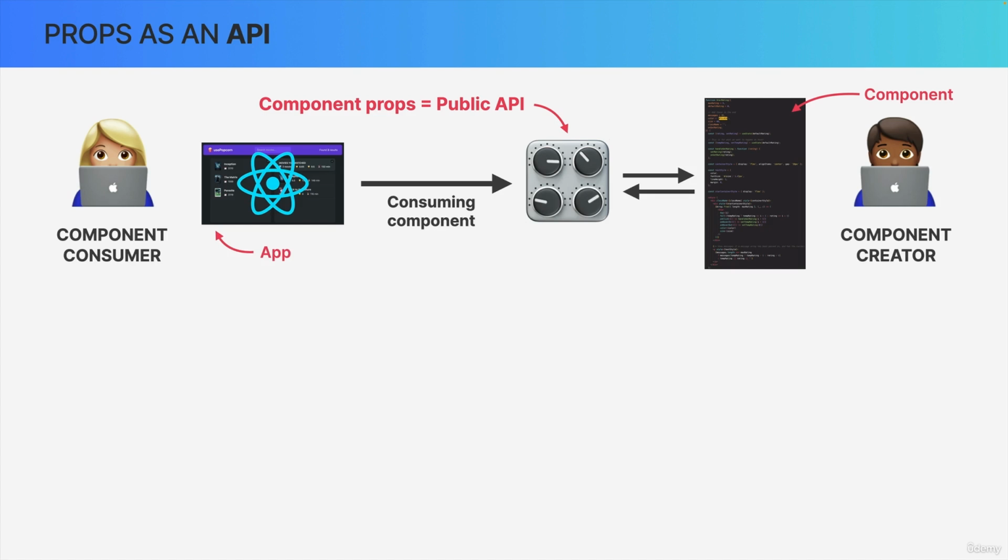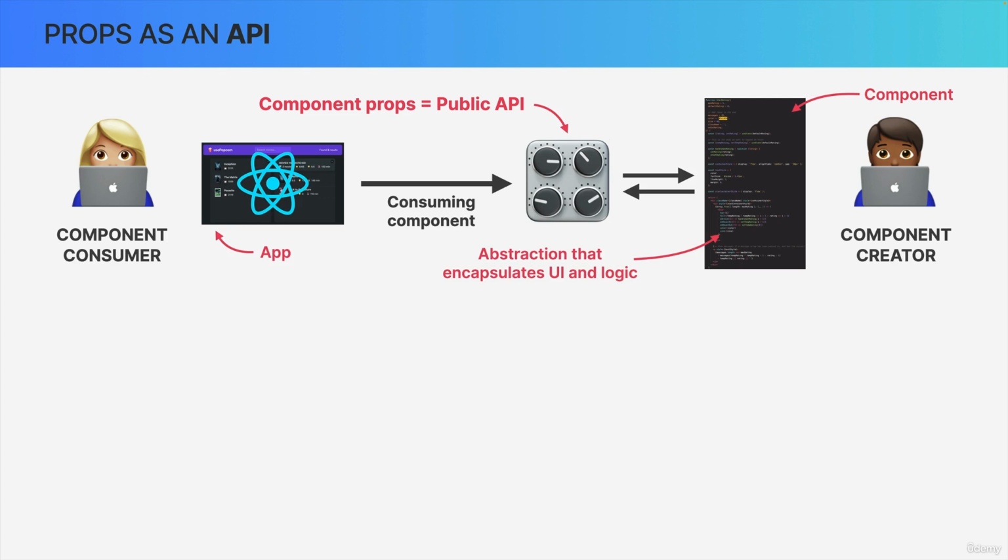And at the same time, we are choosing how much complexity of the component we want to expose to the consumer of the API. Because in the end, a component is basically just an abstraction. So we are encapsulating a part of the UI and the associated logic into a component and allow consumers to interact with that component via props. And that's it. That's basically what creating a new component is.